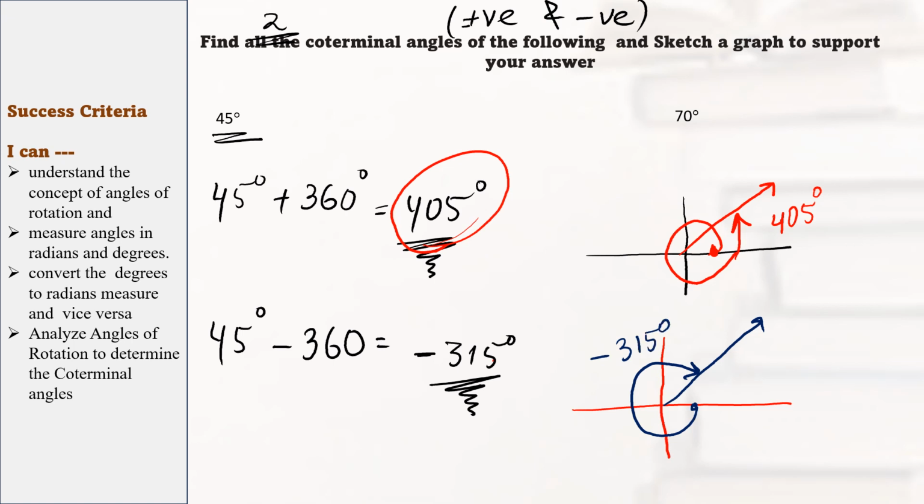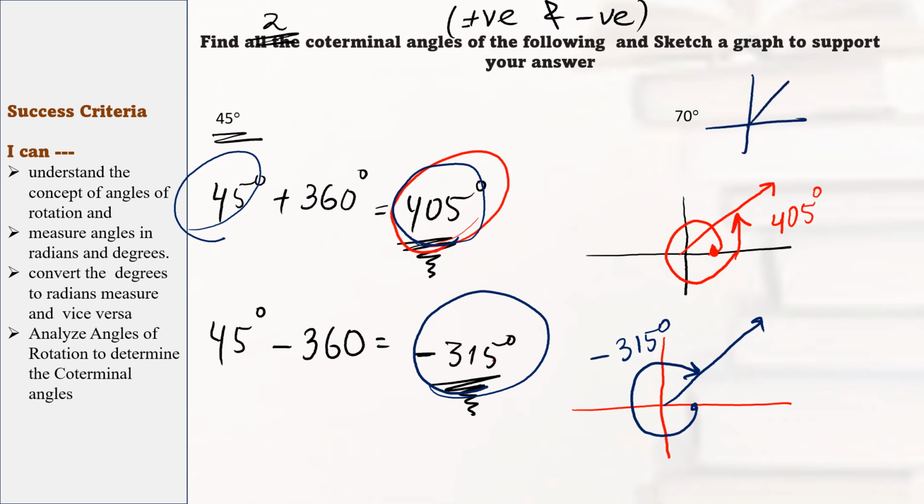Since they are coterminal angles, whether it is 45, 405 or negative 315, the position of the 45 stays as it is. But all these angles you have to show by making arrows.